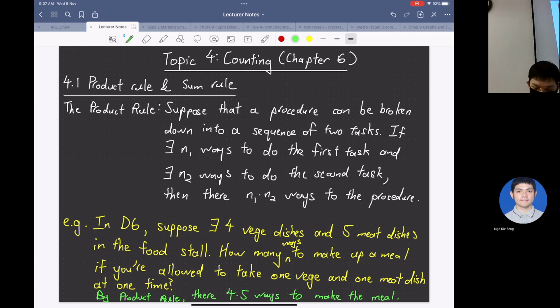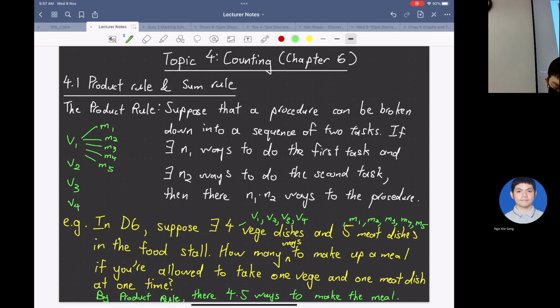Why? Let's say we call the vegetables V1 to V4, and the meats M1, M2, M3, M4, and M5, right? So in your dish, you will have V1, V2, V3, or V4, and you can pair up with 5 choices of meat. So altogether 4 times 5.